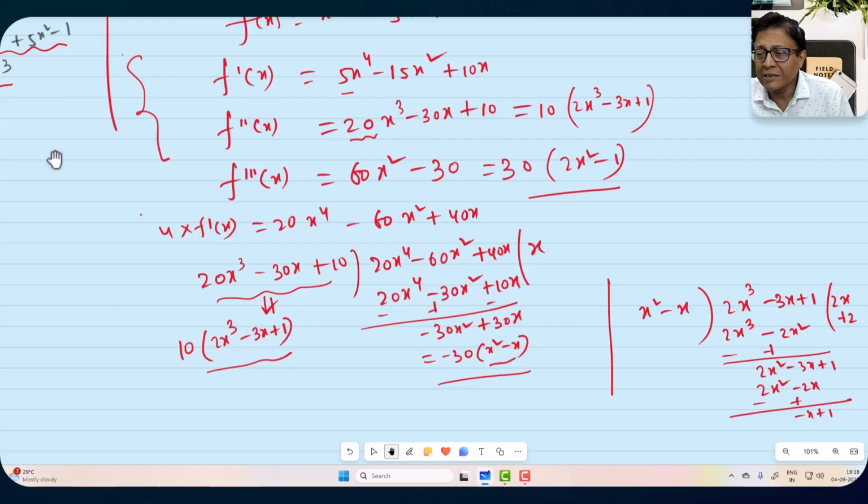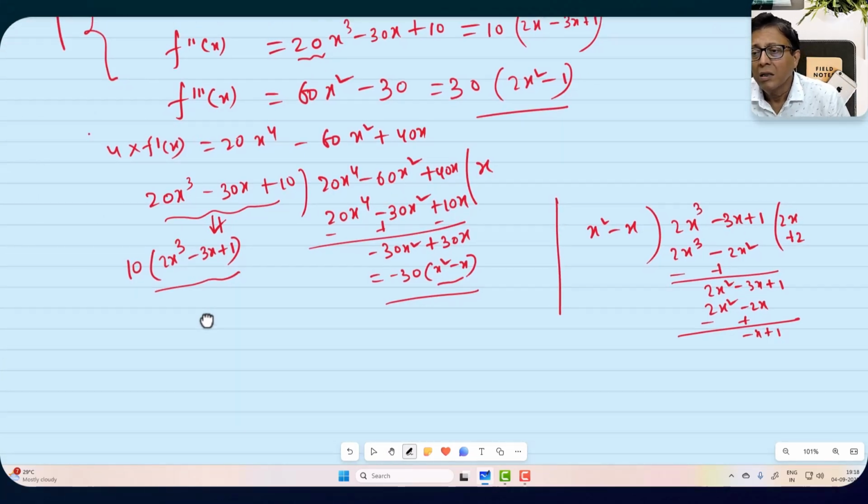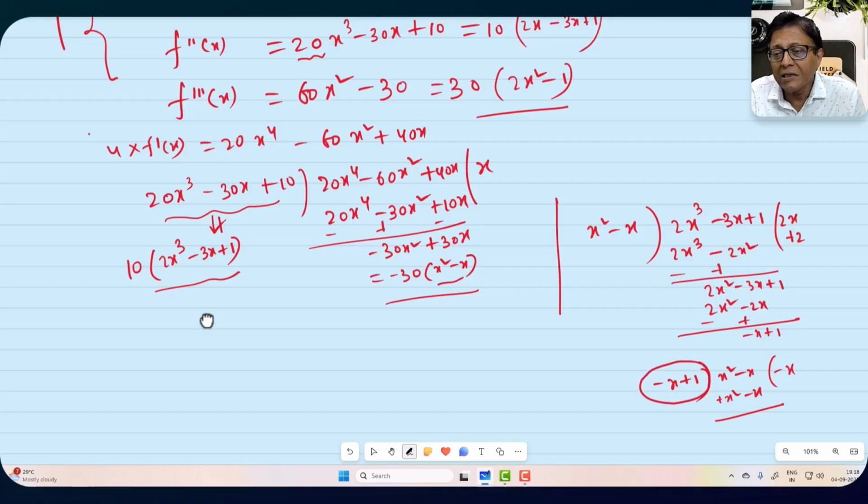So minus x plus 1. That minus x plus 1 can divide x square minus x. If you take minus x over there, so done. So you got HCF minus x plus 1.